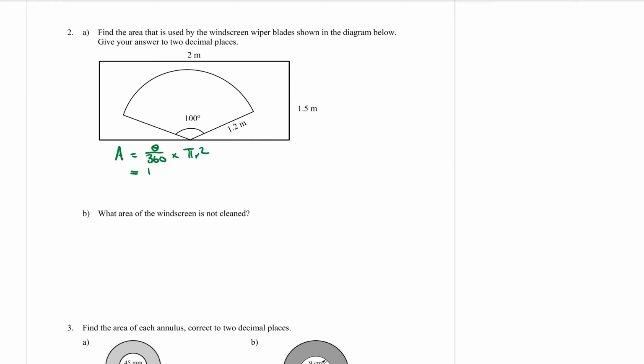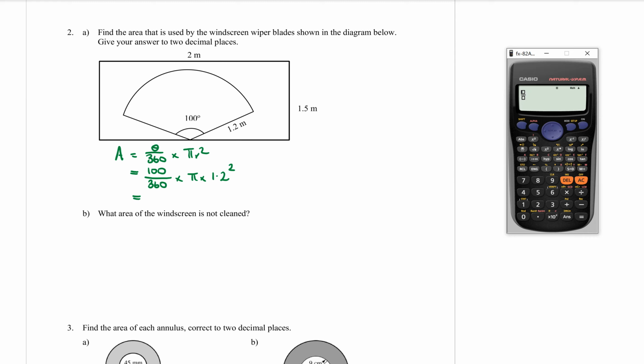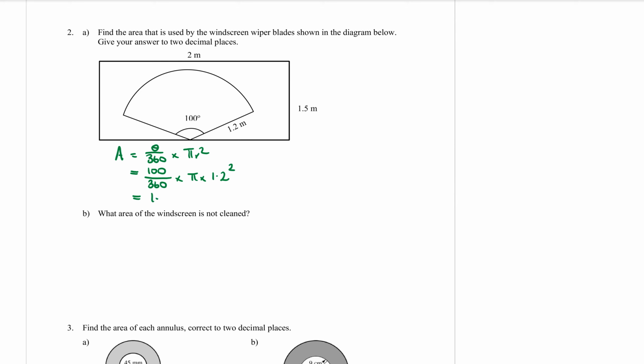So the theta is 100 over 360 times by pi times by 1.2, the radius, squared. Type it all in and we get 1.26 meters squared. Okay, so that was the area in this sector here.